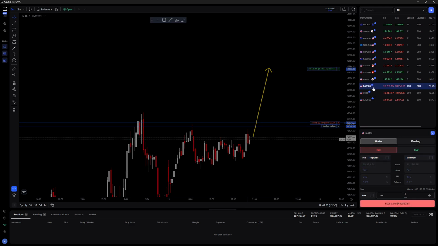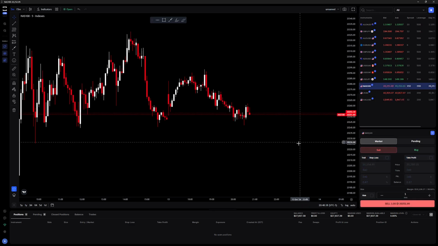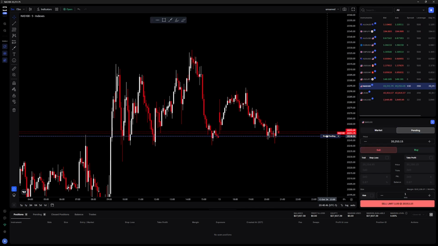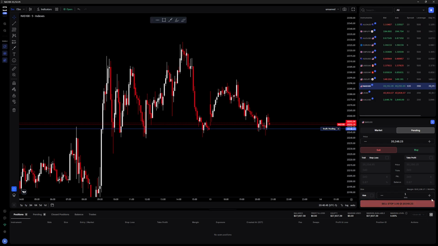But if I'm looking at NAS 100, the risk calculator, let's say we're looking to sell it for the support area here. So in this case, we'd be looking to sell it maybe right here, and this is going to be a little bit different. This I should be able to take, just take this all the way down, maybe 2.5, 2.6, 2.7. So this account we could take 2.72.